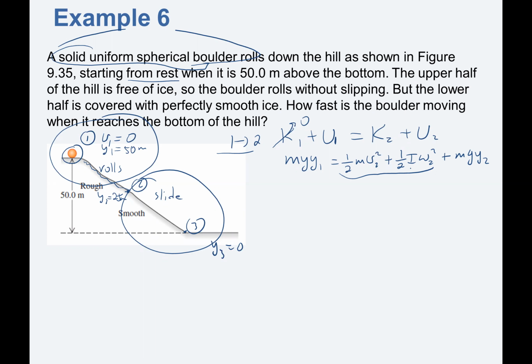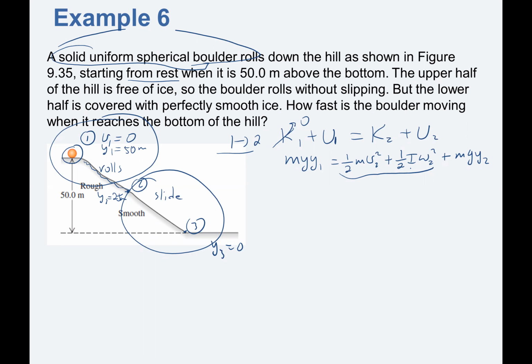Now I want just one type of variable. Instead of having translational and rotational variables, I want to replace omega and moment of inertia with linear values like mass and radius, and instead of omega, I want to have linear velocity.